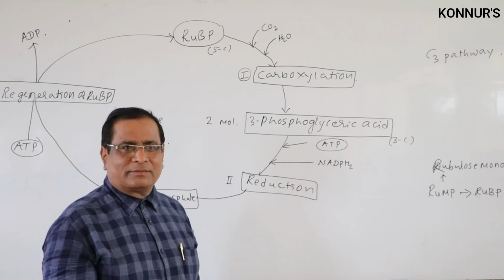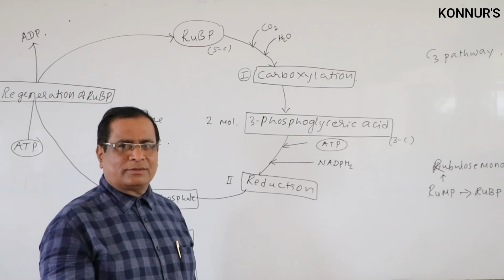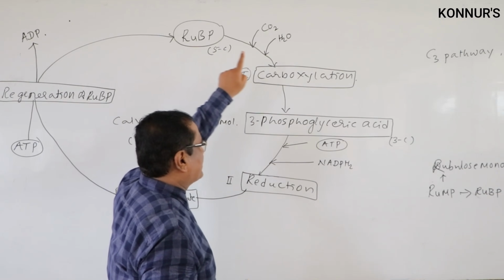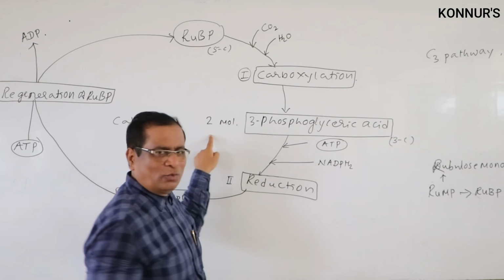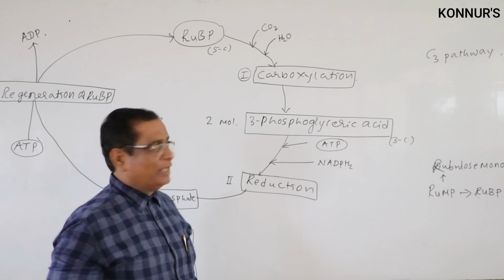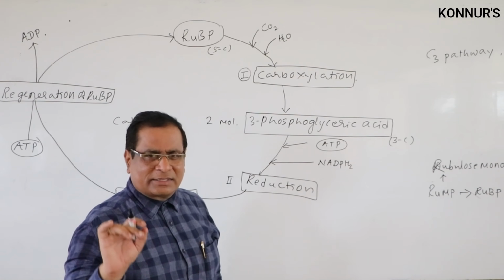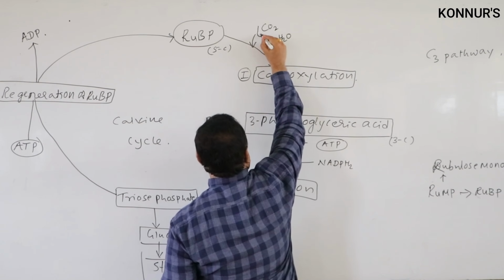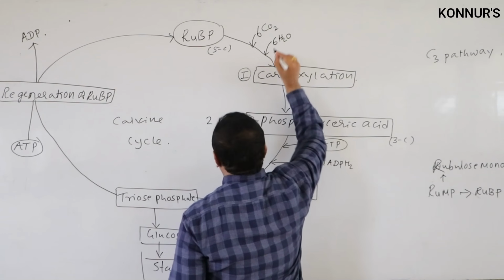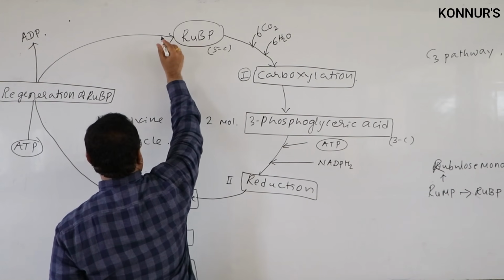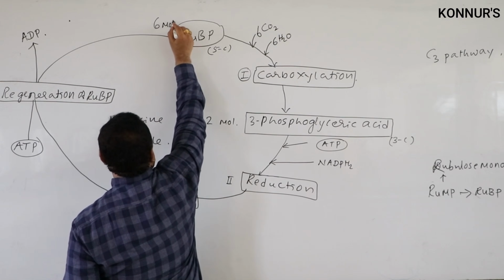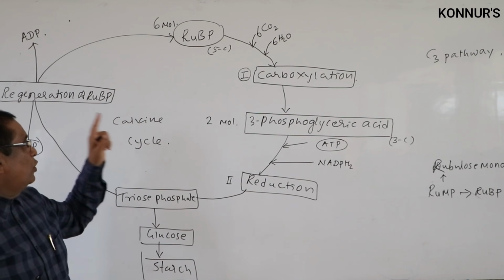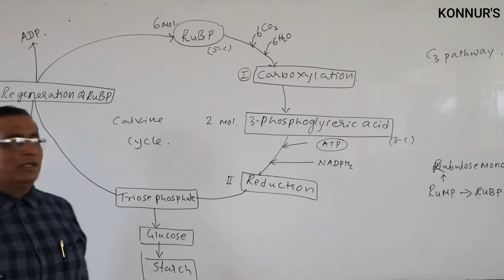But in the dark reaction, how many CO2 are used? 6 CO2 are used. Here 1 RuBP fixed 1 CO2, forming 2 molecules of 3-phosphoglyceric acid. But in our reaction 6 CO2 are required. To fix 6 CO2, we need 6 molecules of RuBP.